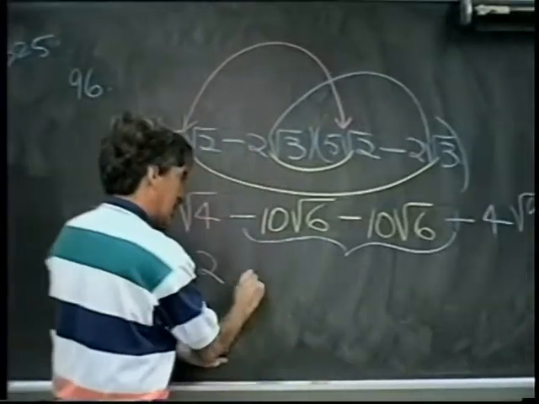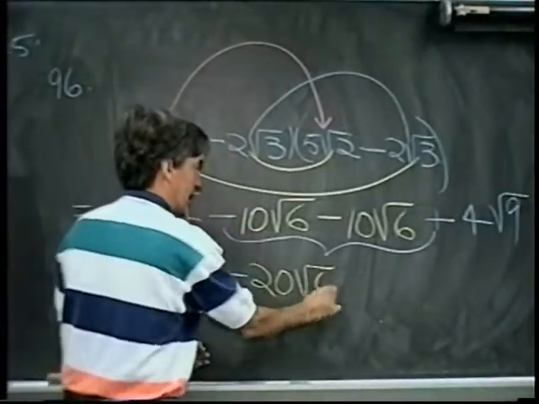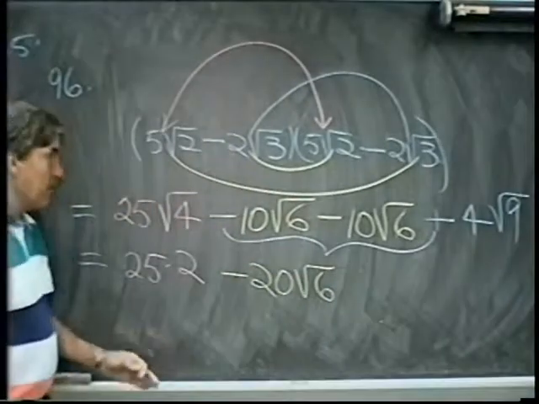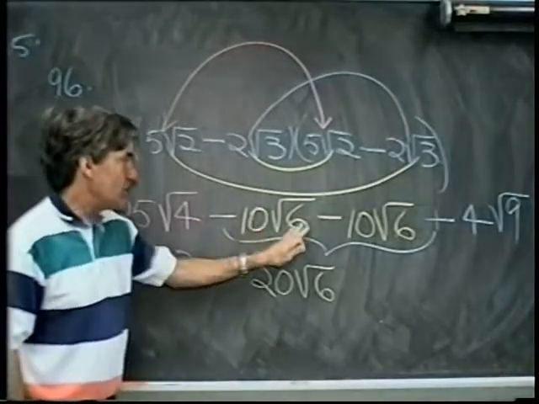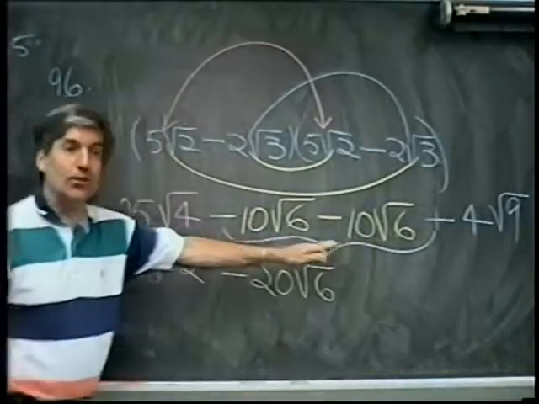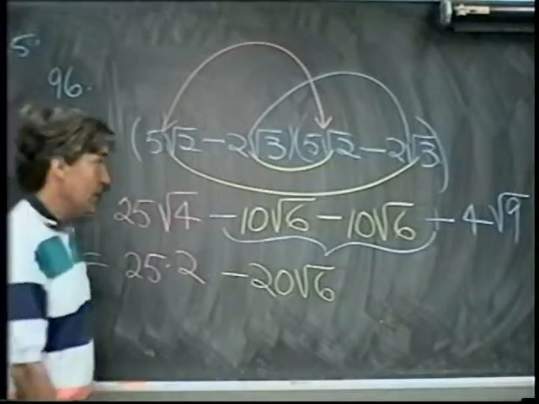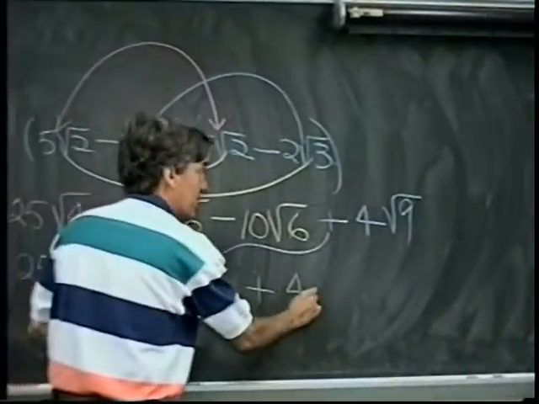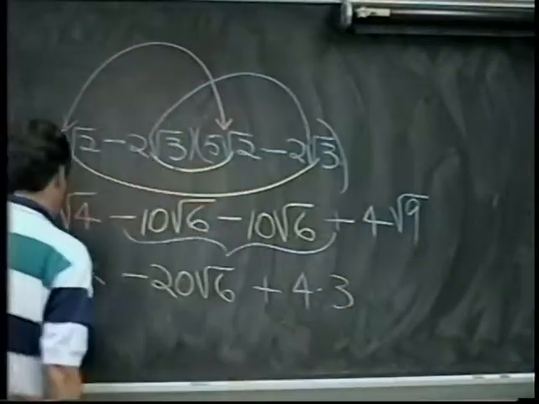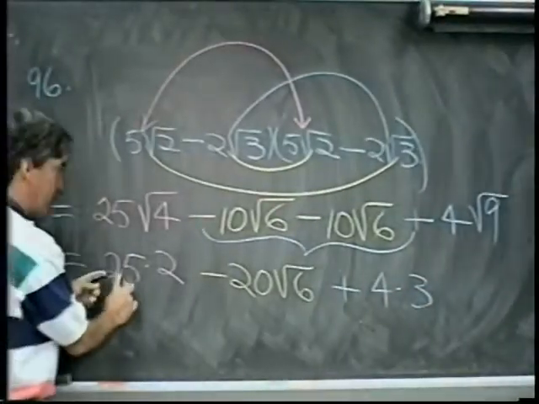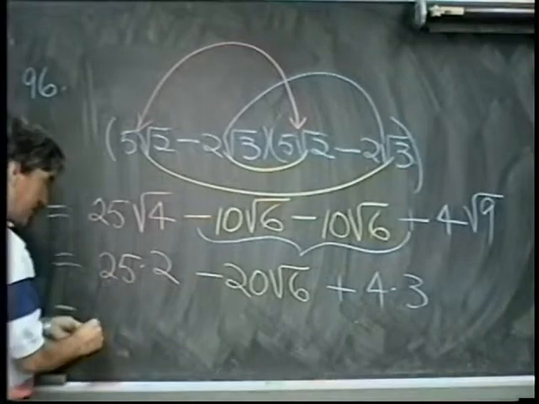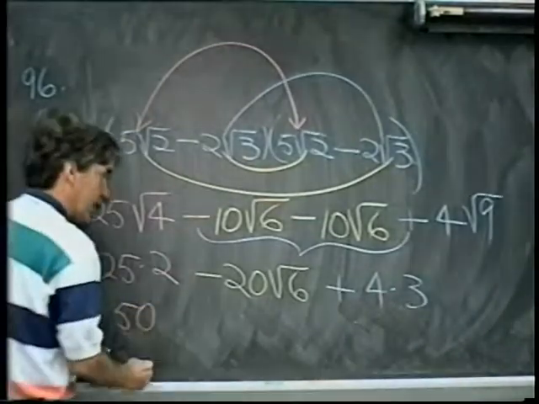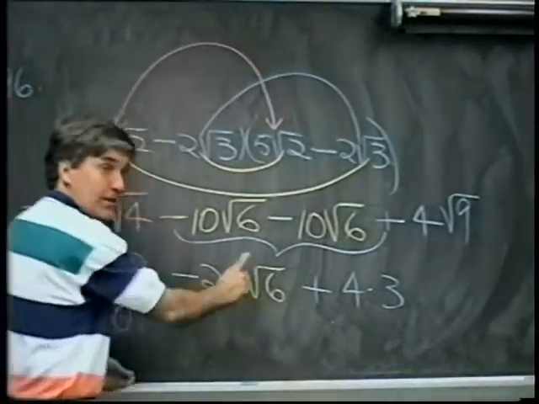That'll be minus 20 radical 6. Okay? Minus 10 radical 6 minus 10 radical 6 is a total of minus 20 radical 6. And then plus 4 times 3. Now, by the way, what is 25 times 2? Let's go ahead and do that out. 50.